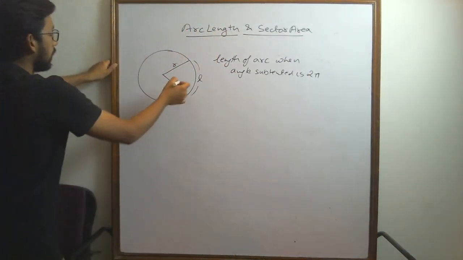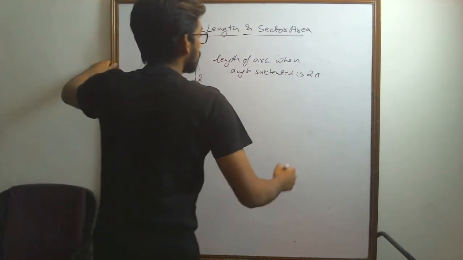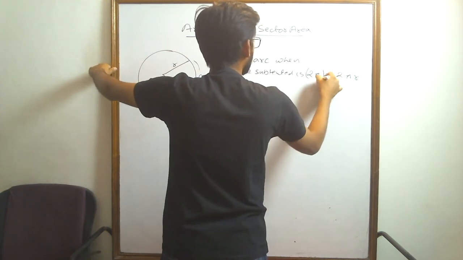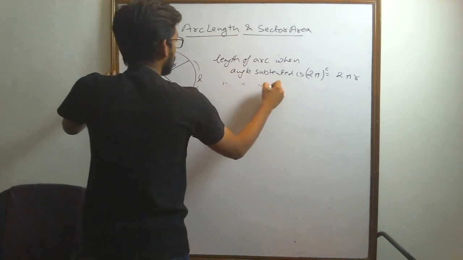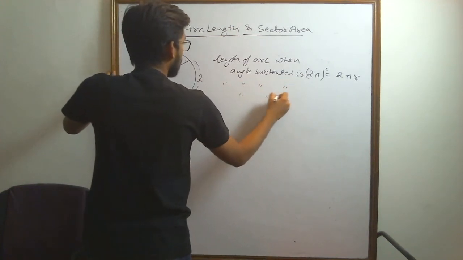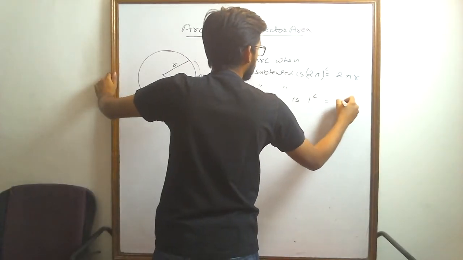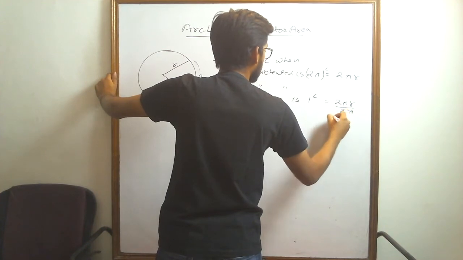That means 2 pi radians will be subtended by the circumference. So the length of the arc is 2 pi r. The length of the arc when angle subtended is 1 radian is equal to 2 pi r upon 2 pi, which is equal to r.